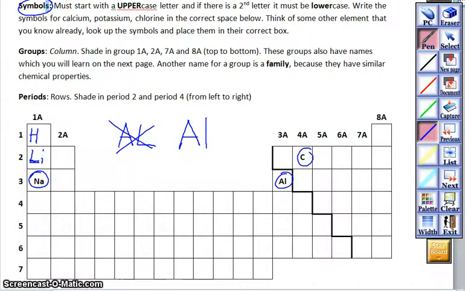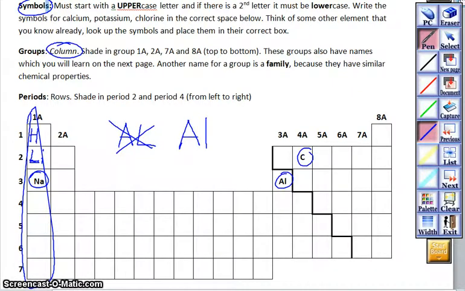Let's talk about groups. A group is a column. Some of them have names, but all of them have numbers. Let's look at the very first group, group 1A. You may notice your periodic table has a different numbering system across the top as well.